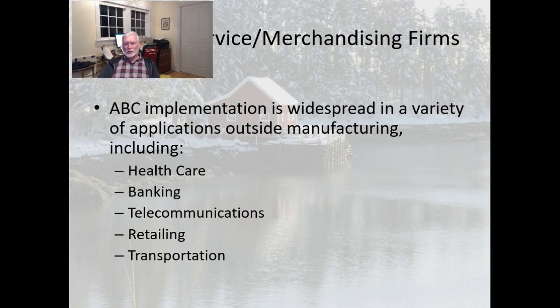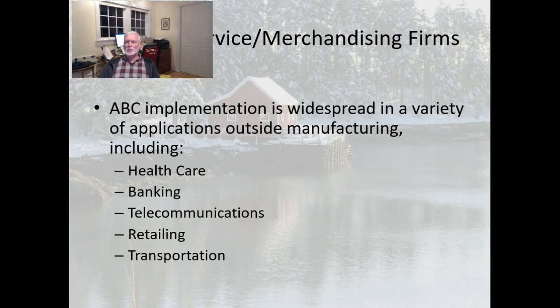ABC, we've talked primarily about manufacturing, but it's used a lot for service and operating and merchandising firms as well. You see ABC being used in healthcare, banking, telecommunications, retail, transportation. And think about UPS. UPS is a big transportation company. Do you think that they have a lot of overhead costs that have to be allocated to things like ground service or air service or express service?